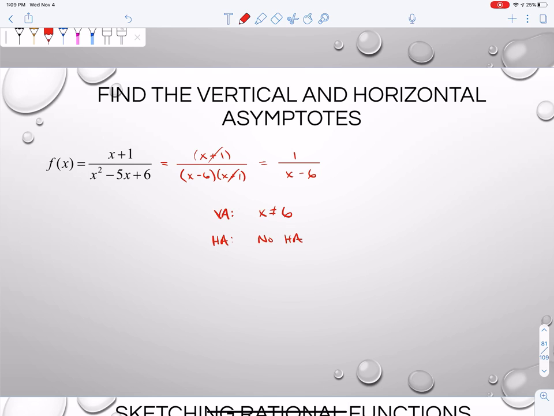I am also going to have a hole in the graph, and that hole is going to occur at x equals negative 1. So if I evaluate the simplified function, f of negative 1, I'm going to have 1 over negative 1 minus 6, or 1 over negative 7. So I get a hole at the point negative 1, negative 1/7.